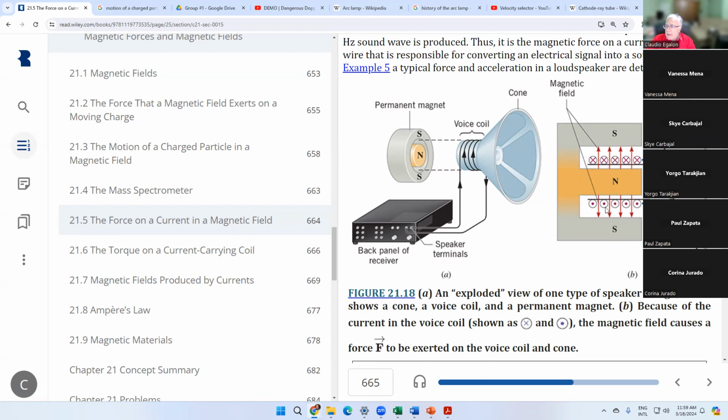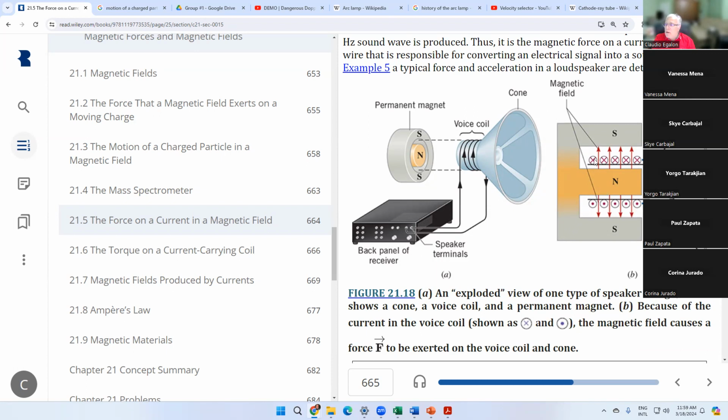So here you go. Do the V cross B here, right? V cross B. The lower end here of the speaker has a force to the right.